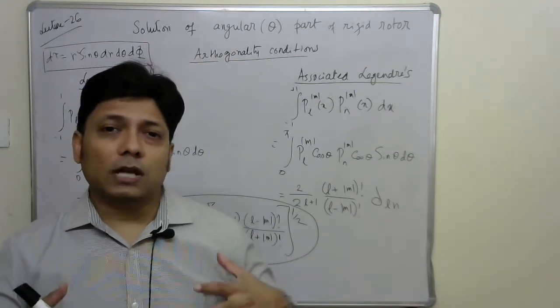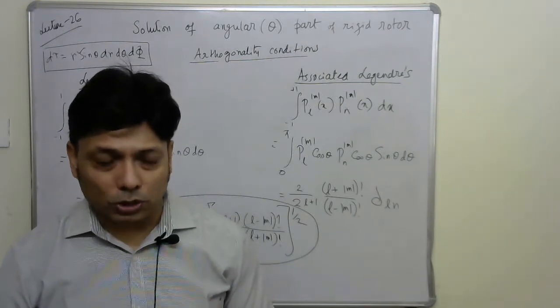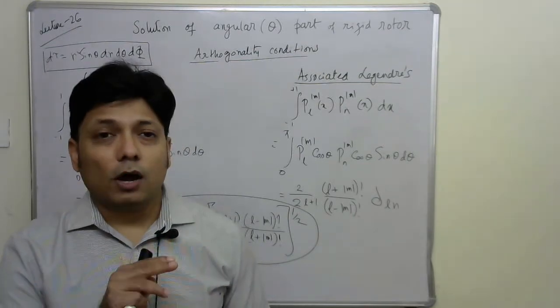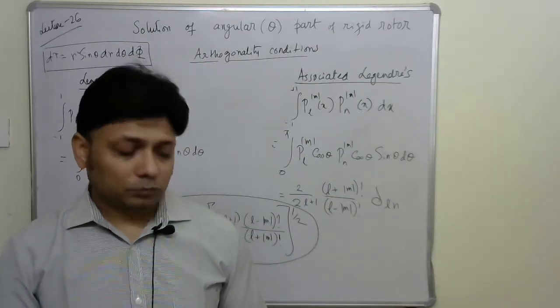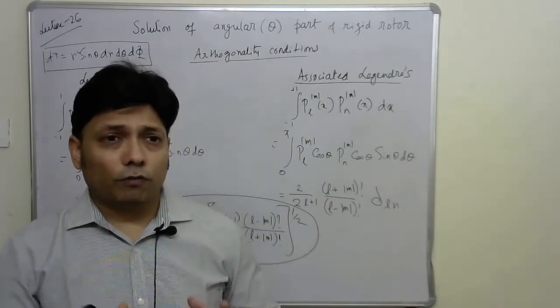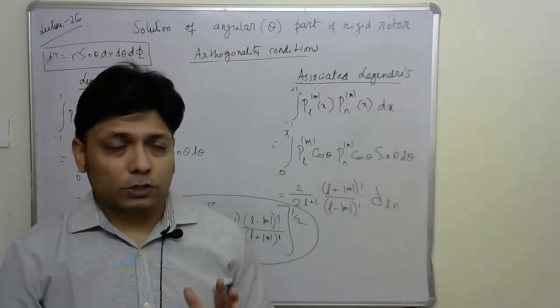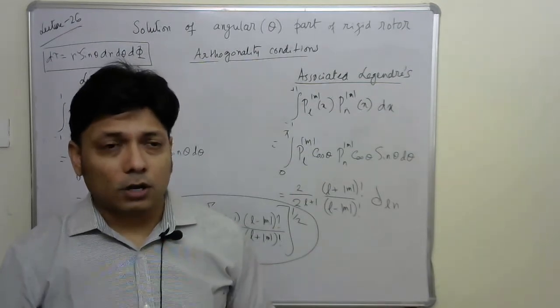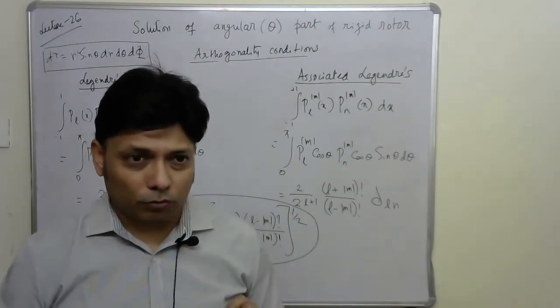So we are just interested in the outcome, that means the nature of the solution. So by now we have been successfully able to figure out both the angular parts, that means both the theta and phi parts of the wave function corresponding to a diatomic rigid rotor.